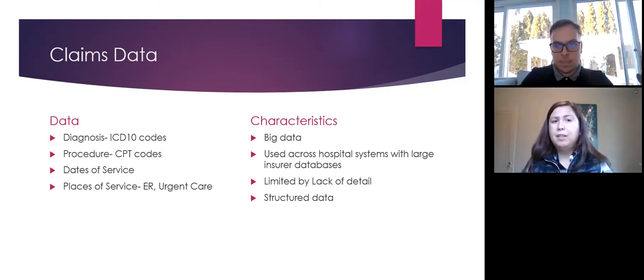And these kinds of claims data are stored in these massive databases because they're all standardized and structured, and you can design programs for things at a huge scale with big data.